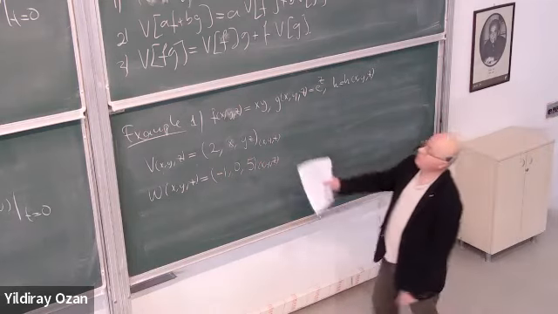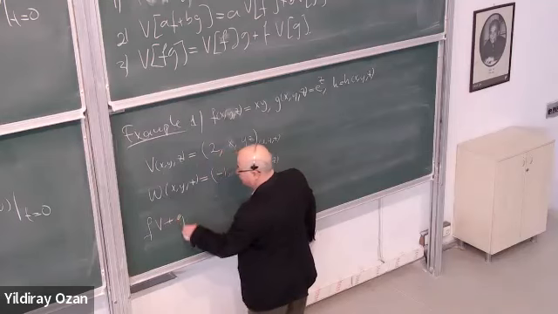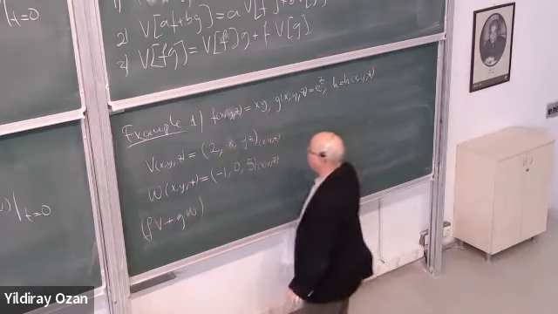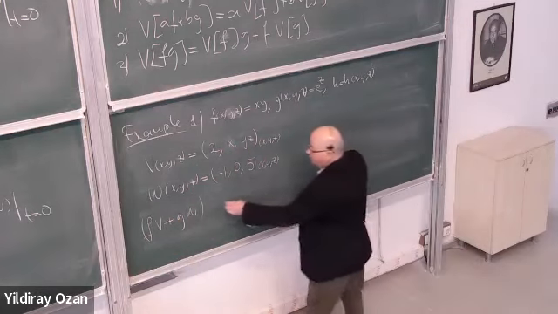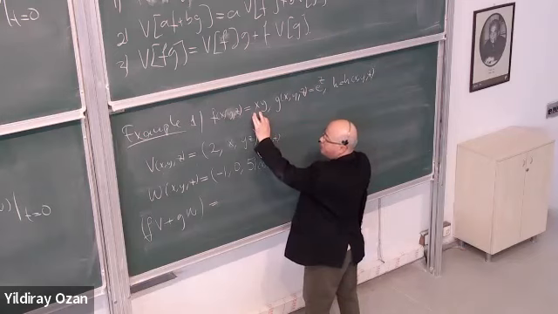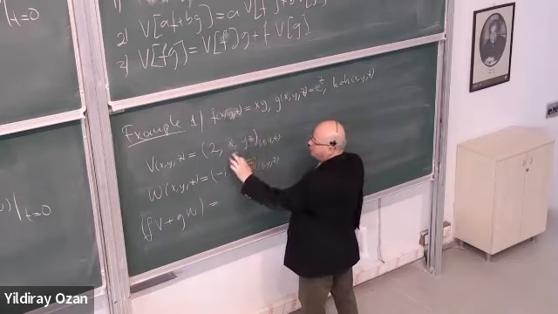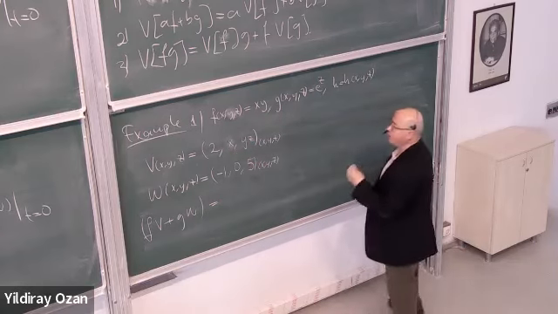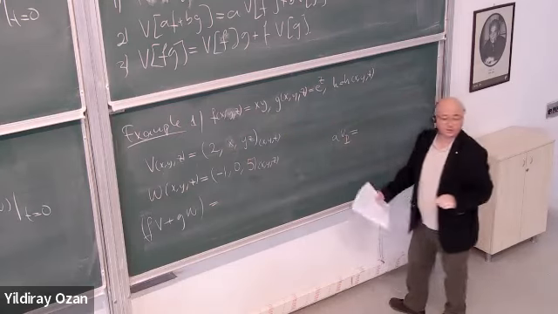Now, what about this object, F times V plus G times W? I have this function times this vector. So x times y is multiplied with this vector. How do we multiply a constant with a tangent vector?